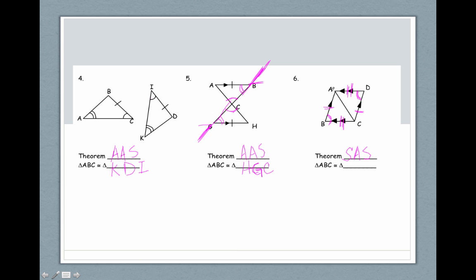So angle A in the ABC triangle goes with angle C in the other triangle. Angle B goes with D. And angle C in the ABC triangle goes with angle A in the CDA triangle.